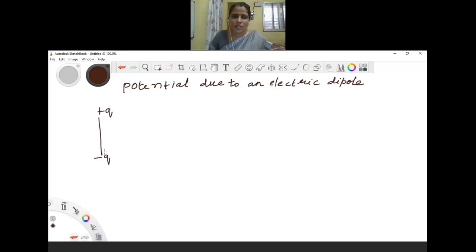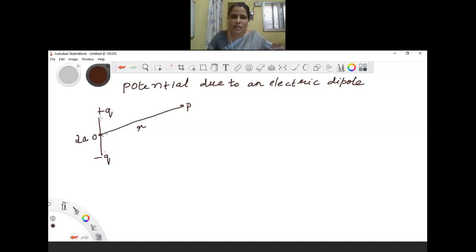These two charges are separated by the distance 2a, and we assume O is the center of the dipole. We are going to calculate the potential at the point P, which is located at a distance of r from the center of the dipole.